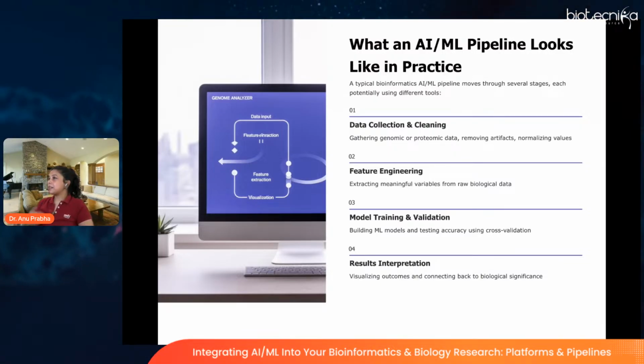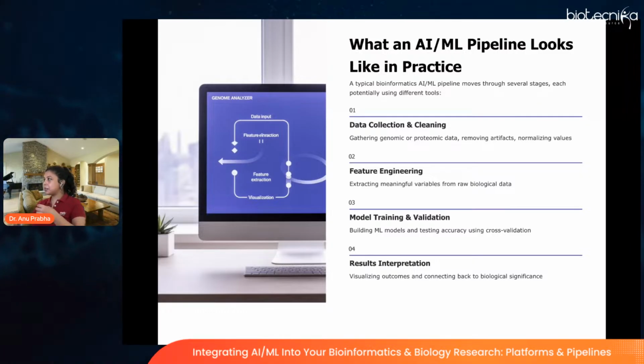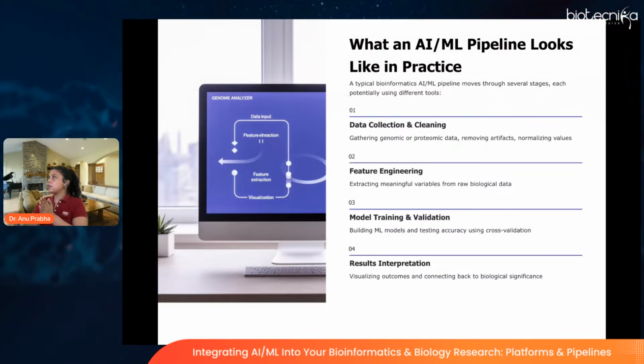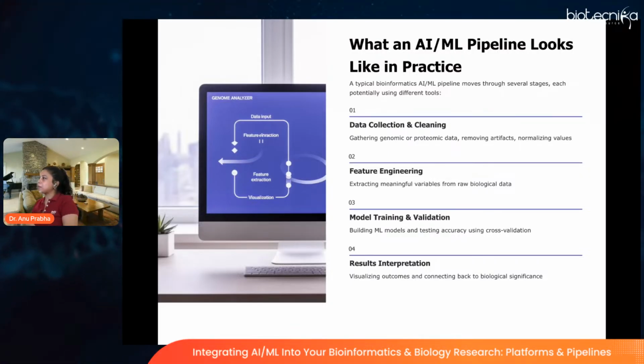The next step is feature engineering. If you are building specifically an ML model, you need to understand what feature is going to impact the outcome. Is it positively correlated? Is it negatively correlated? Or the feature has no role at all in the outcome? In that case, you try to optimize your feature set so that it gives you the best possible outcome.